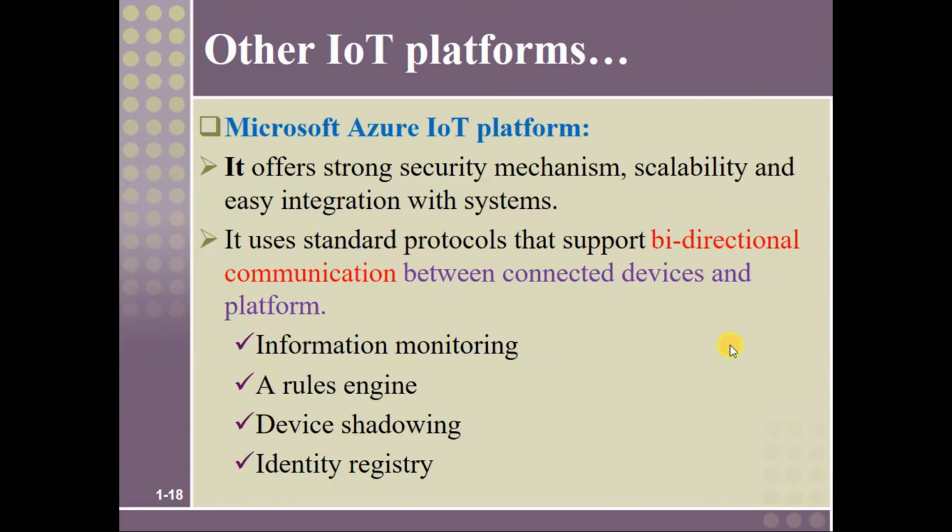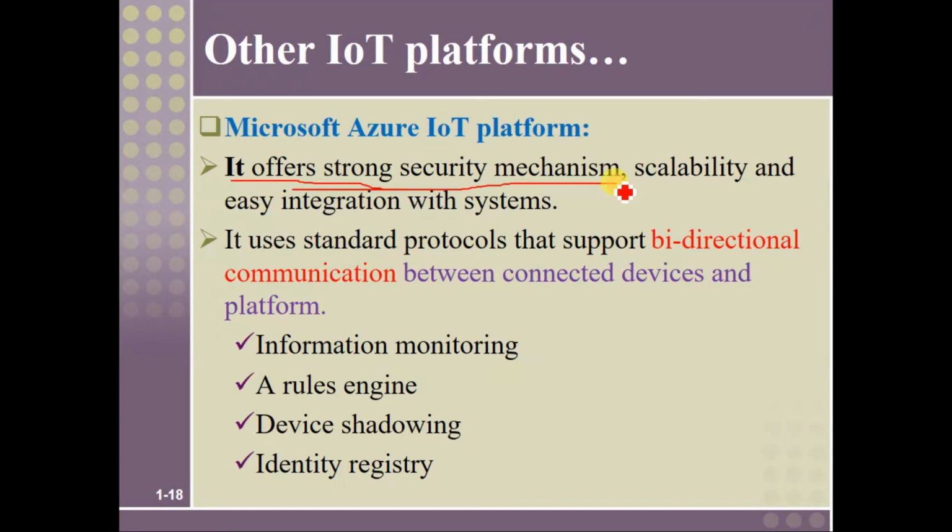The second one is the Microsoft Azure IoT platform. Microsoft Azure IoT offers strong security mechanisms. As I said previously, the most challenging issue if we want to deploy IoT devices is security.